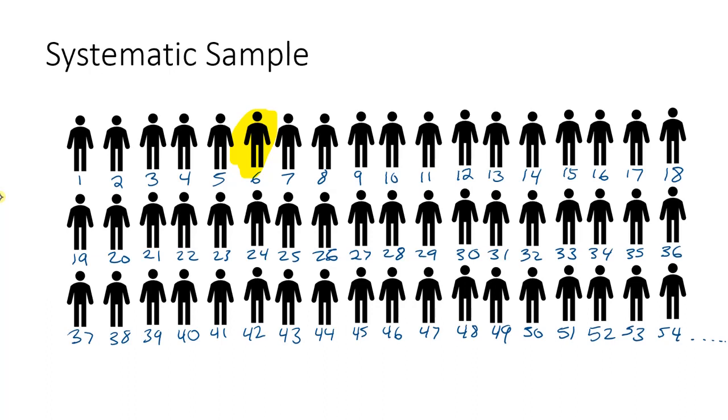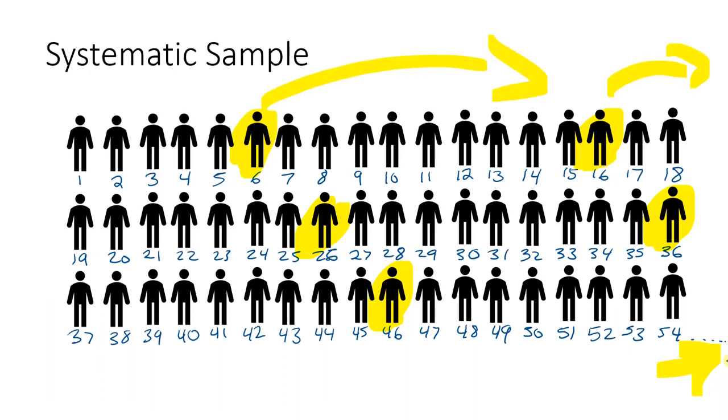Say I were to do every 10th person, then I would do 16, 26, 36, 46, etc. So that's systematic. You order them according to some important feature, and then you systematically sample every certain number of people from that starting point.